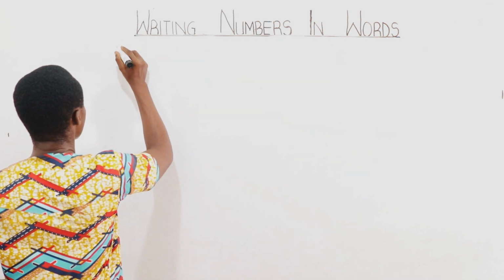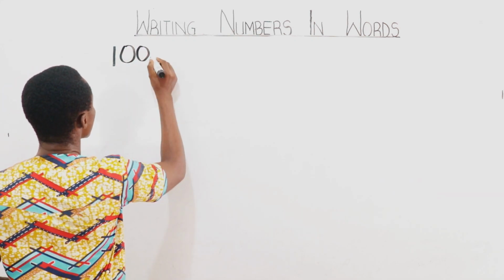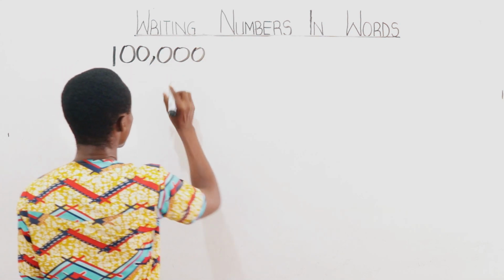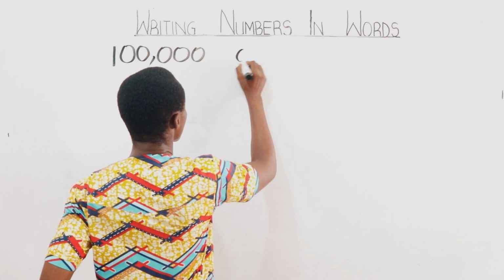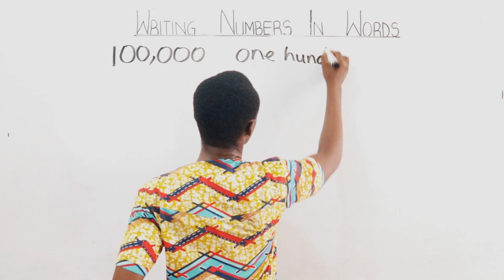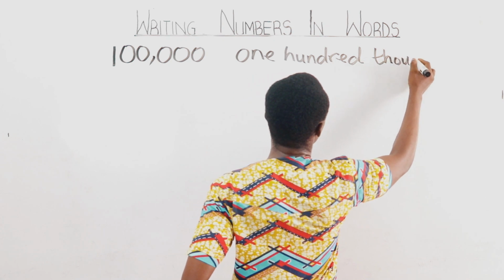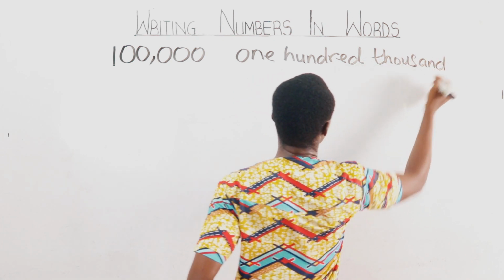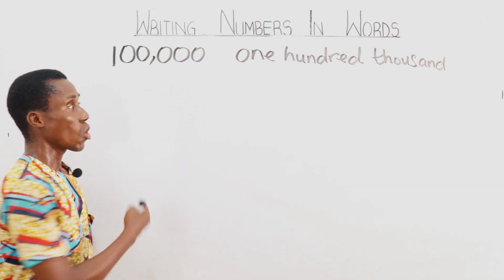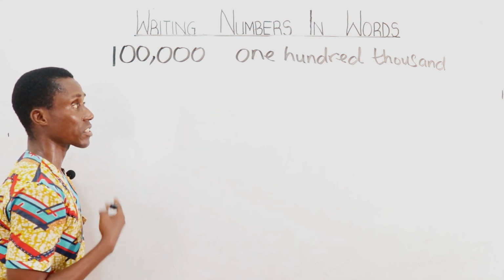Now let's see how to write the 100,000s in words. So the first 100,000, okay? And that is 100,000. Now let's not waste so much time, okay? We can follow this way to write the rest of the 100,000s.